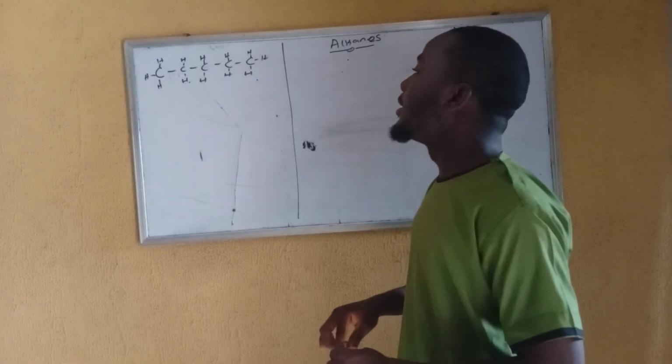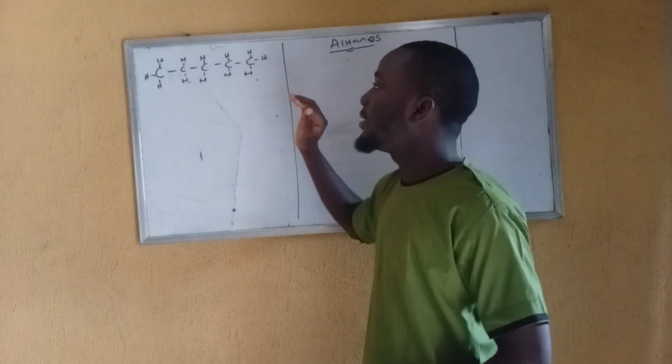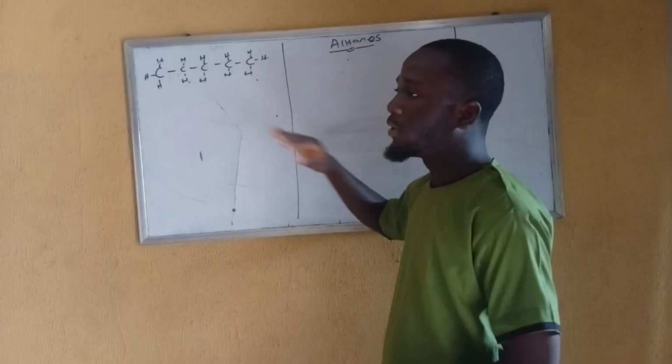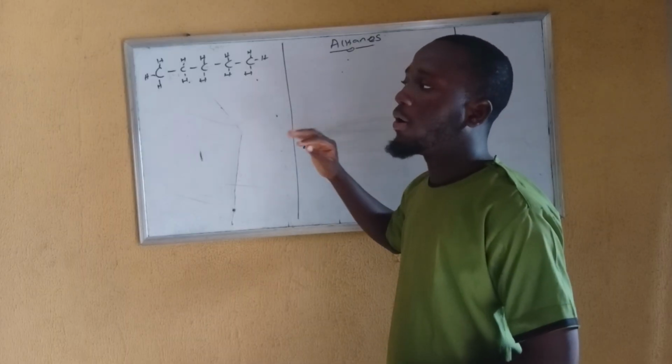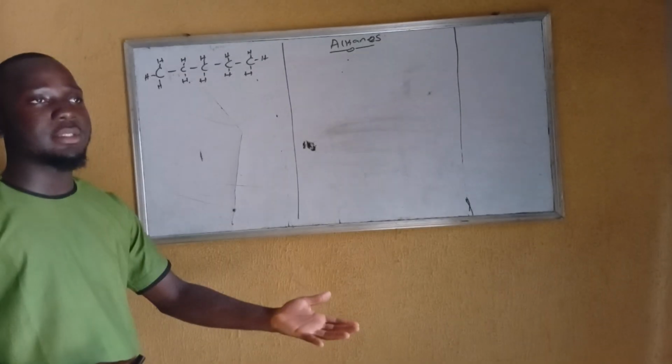Let's first take this. This is a very typical example of a straight chain, and this kind of straight chain contains only ordinary hydrogen. So no substituent is involved, no functional group is there. Are you getting me? So we just name it straight: 1, 2, 3, 4, 5. Five carbons. During the last slide, I said five is pent.